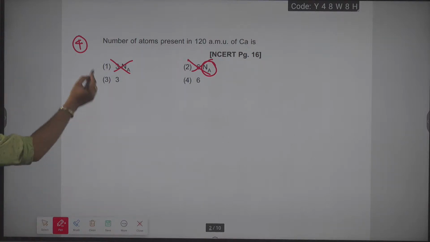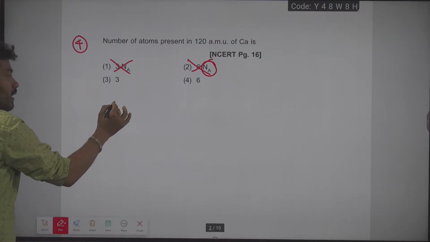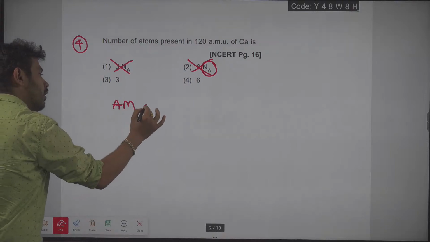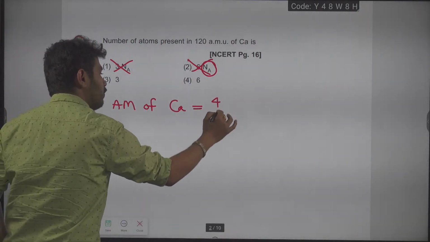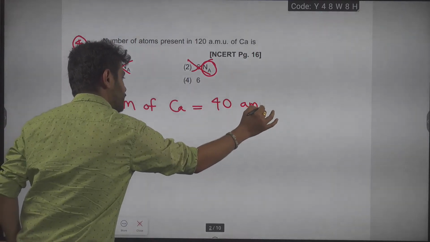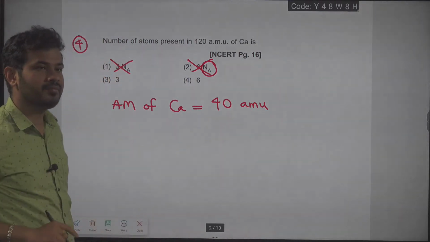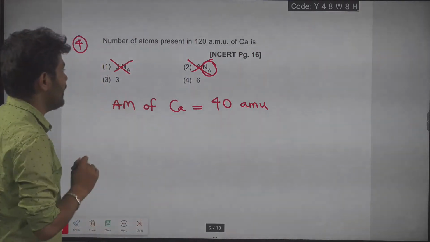Now you see here, atomic mass of calcium is 40 AMU. That means one single atom of calcium is 40 AMU.